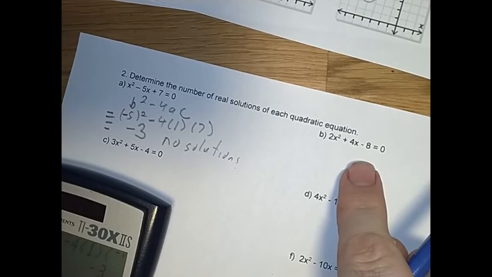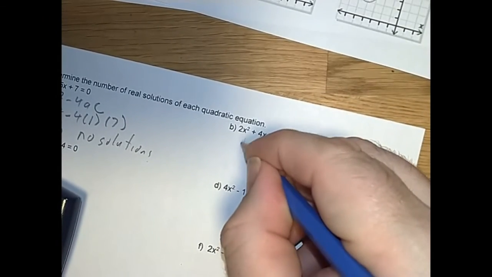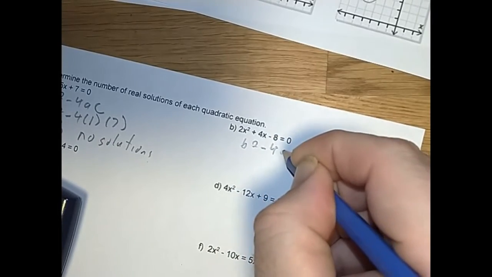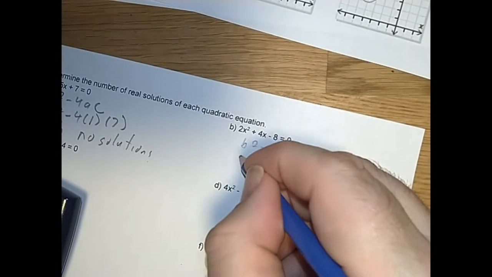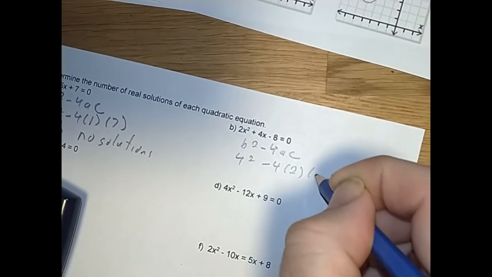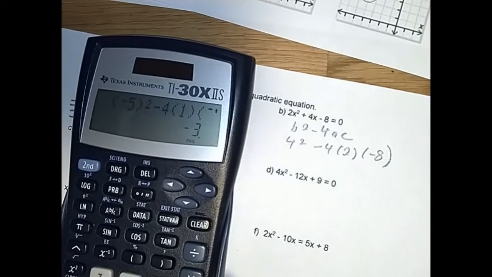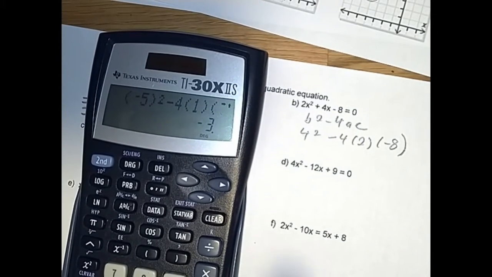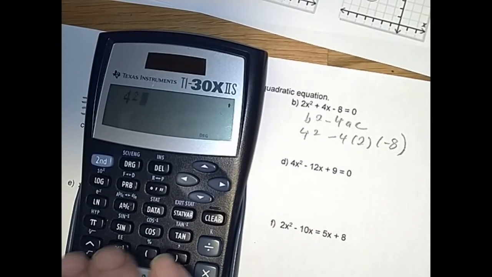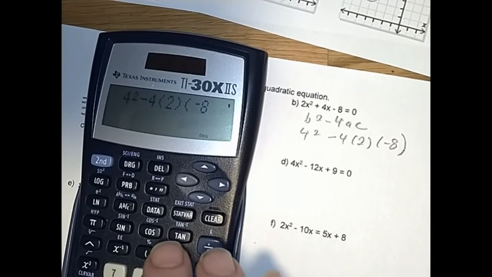Okay, let's try the next one. That one had no solution. Let's put it in. b squared minus 4ac. So b is 4, squared, minus 4 times 2 times negative 8. Let's see how many solutions we have. So we got 4 squared minus 4 times 2 times negative 8.